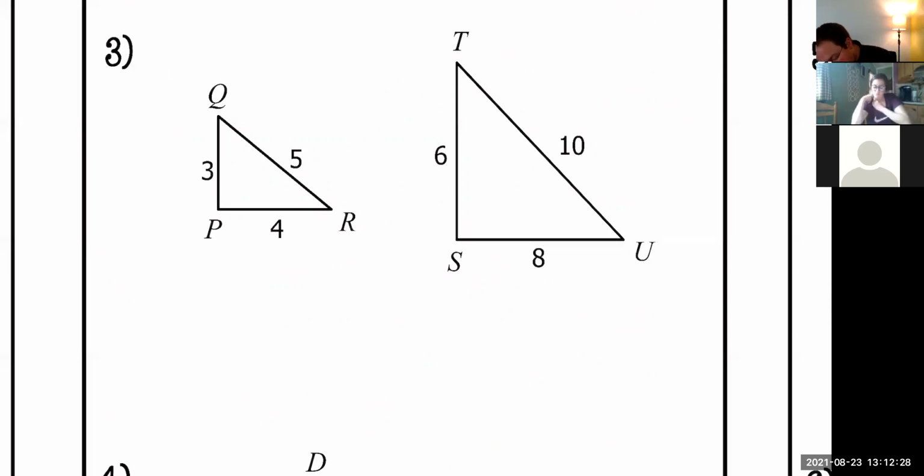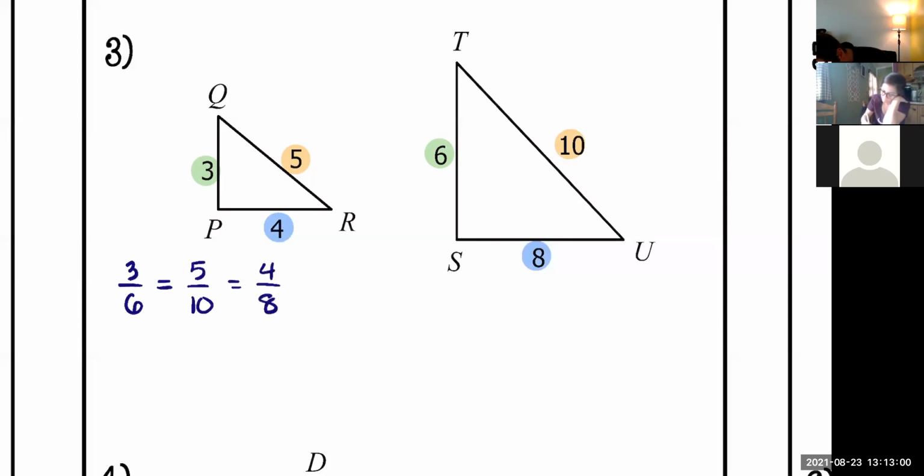So if I did QP and TS, I'm going to color code mine here, I have 3/6. And then if I did QR and TU, I'd have 5/10. And then PR and SU, which is 4/8.